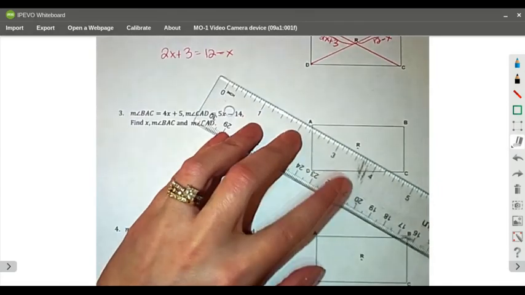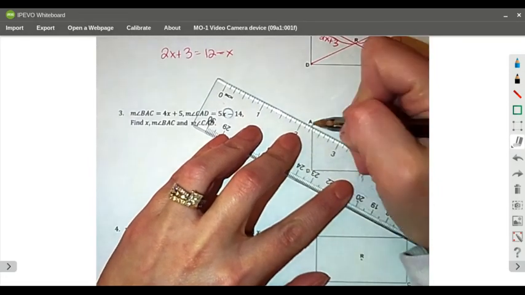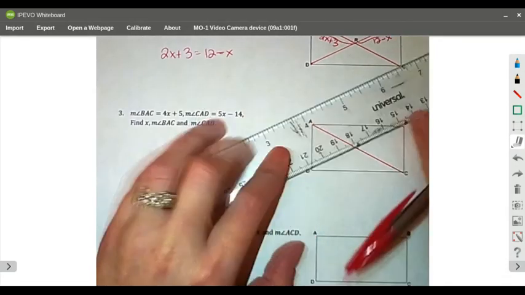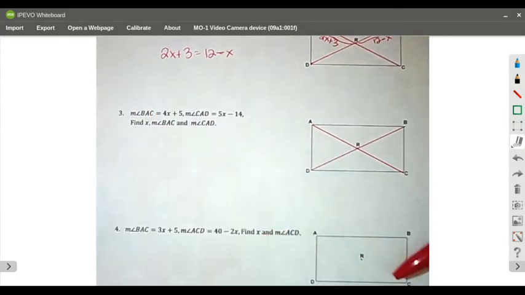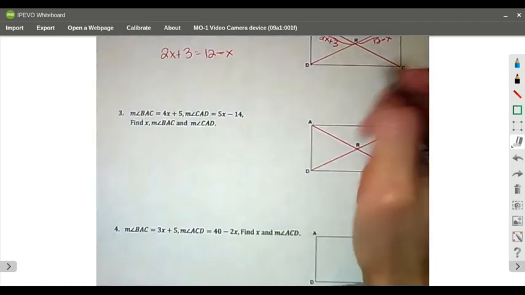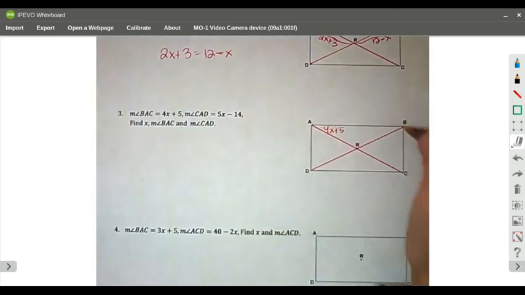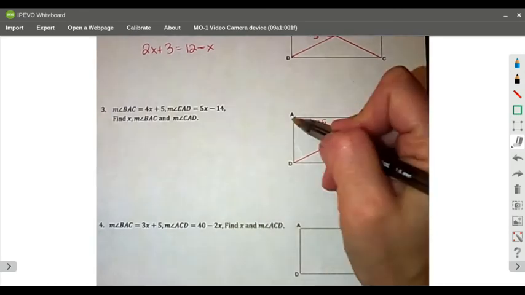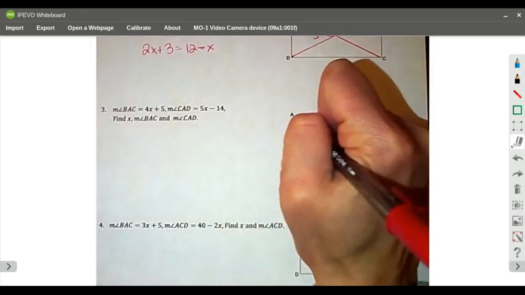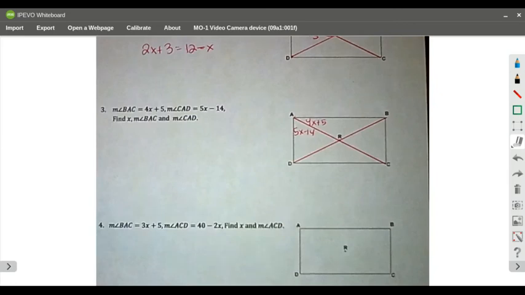Okay, let's look at this one. BAC is 4x plus 5. So BAC, that's that one. And CAD is 5x minus 14. So you want to think about what do I know about these two?